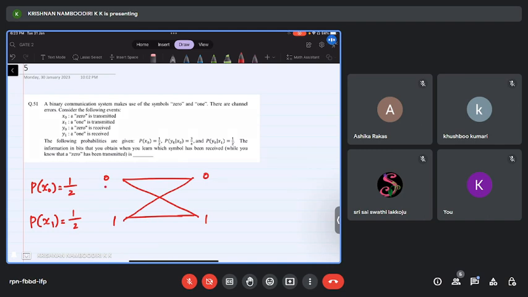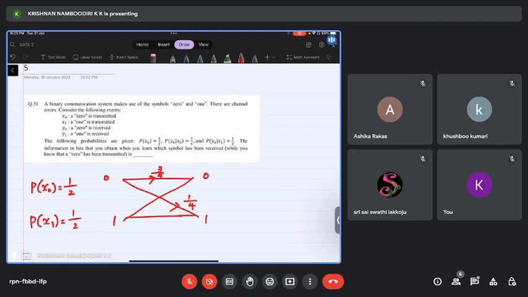Given the fact that 0 is transmitted, the probability of receiving 0, that means y0, is 3 by 4. So this transition has a probability 3 by 4. If I transmit 0, with probability 3 by 4 the received symbol will be 0. Then with the remaining probability 1 minus 3 by 4, that means with probability 1 by 4, the received symbol will be 1. Isn't it?